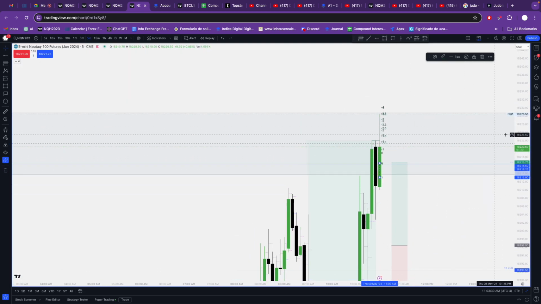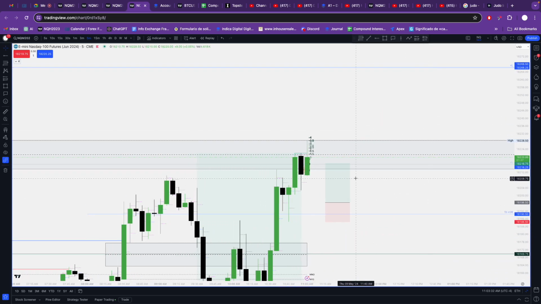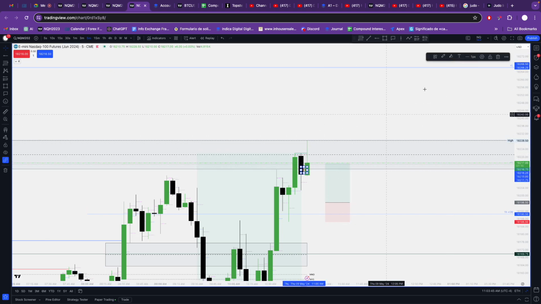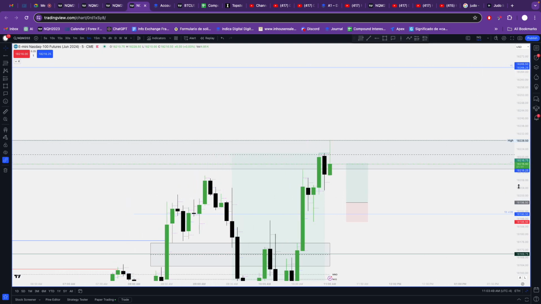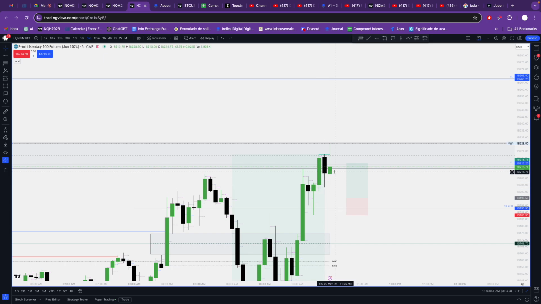Those little 15-minute projections I had there. And then, so we have to wait another 5 minutes for this to close, and then we'll get our change in state of delivery. It won't be this, but if we have a minute left in this 5-minute session, so you're saying that we have to close below here with this candle for us to have a change in state of delivery?